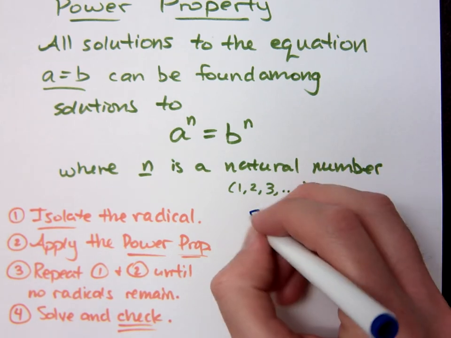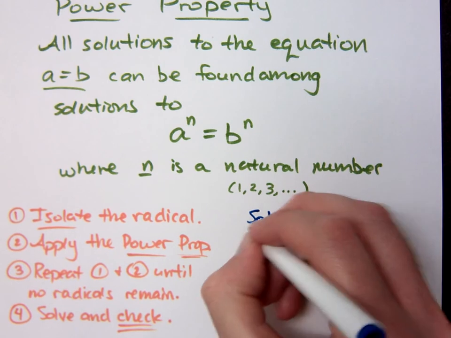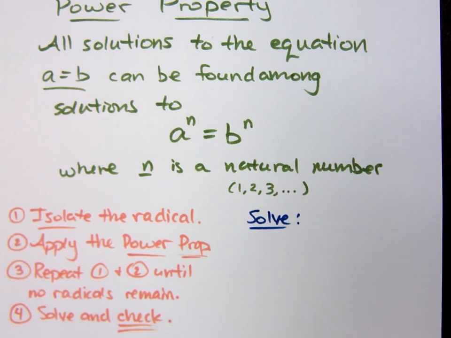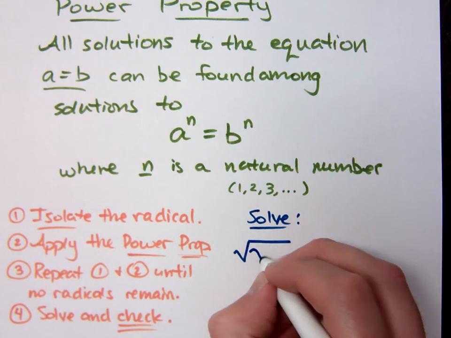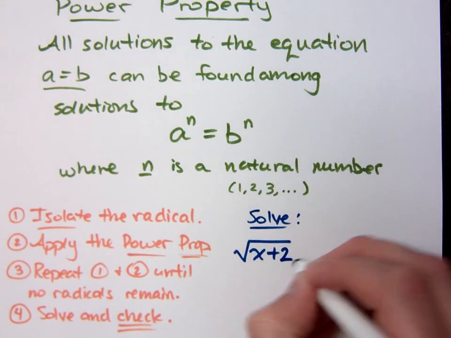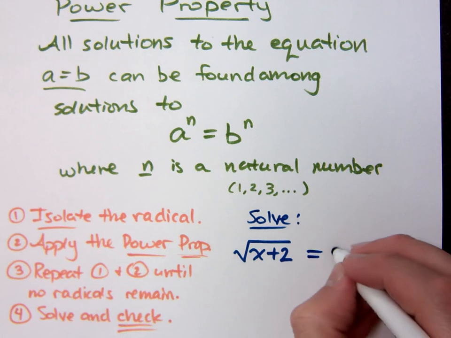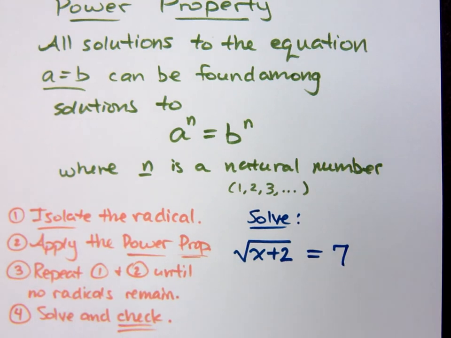So let's start off with a nice example here. We'll follow these steps one by one. If I have the square root of x plus 2 is equal to 7, my first step is to isolate the radical. But that's already been done for you.